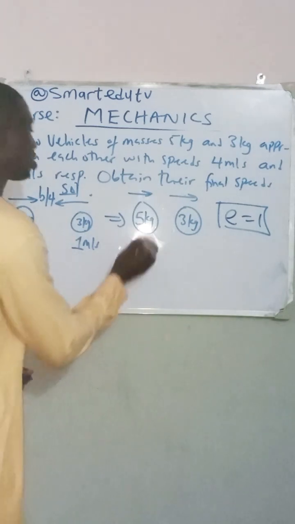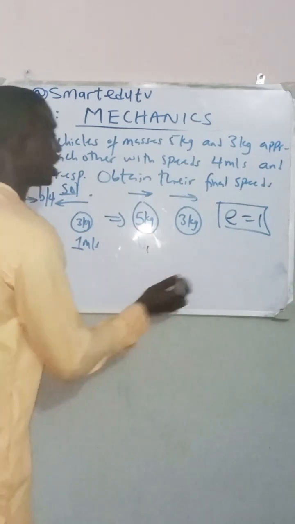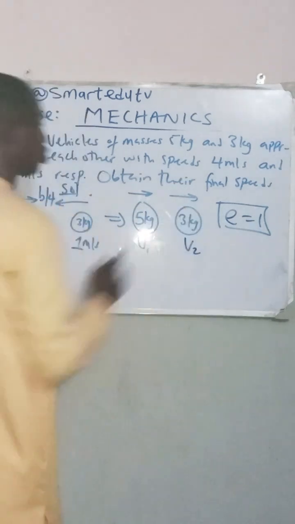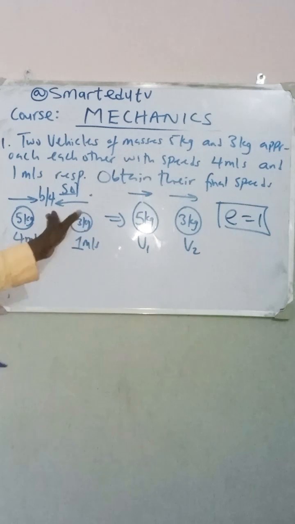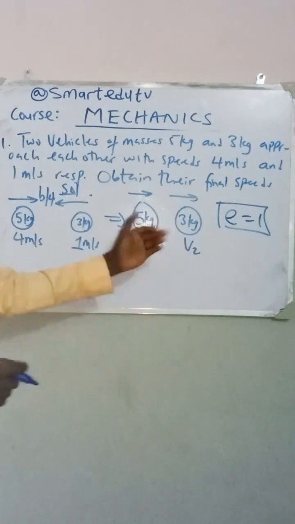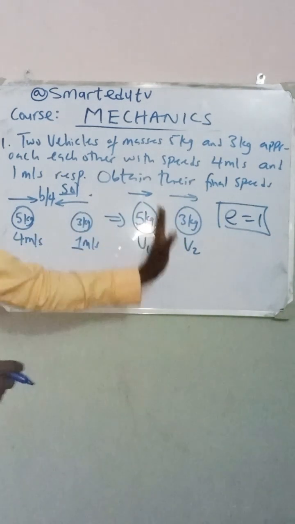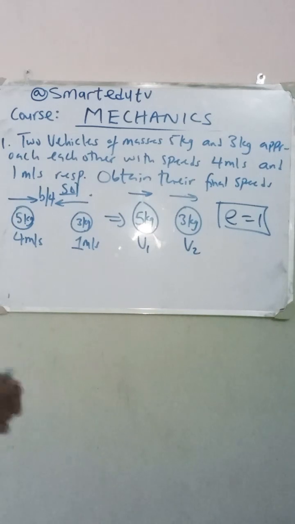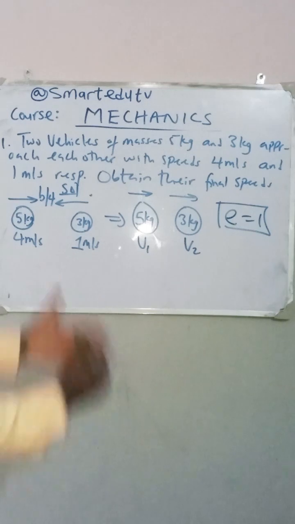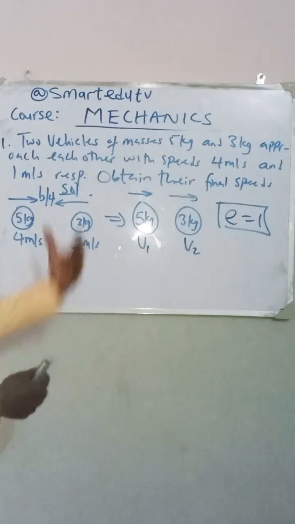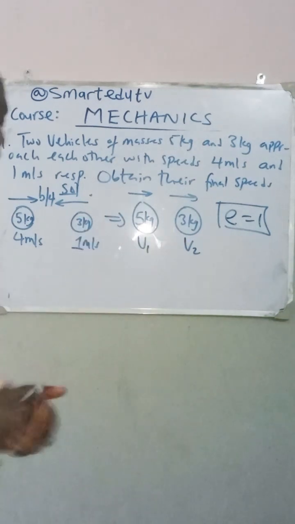Let me call the final speed of this one V1, and the final speed of this one V2. So looking at this, their momentum before collision should be equal to their momentum after collision. Why? Because we are dealing with an elastic body. For an elastic body, the total momentum before the collision must be equal to the total momentum after the collision.